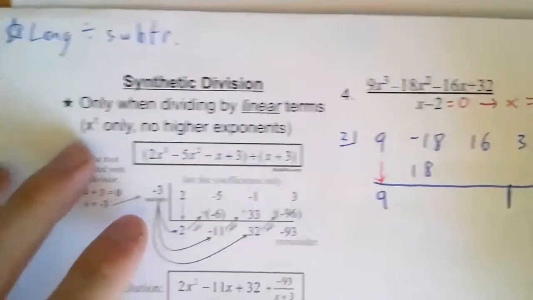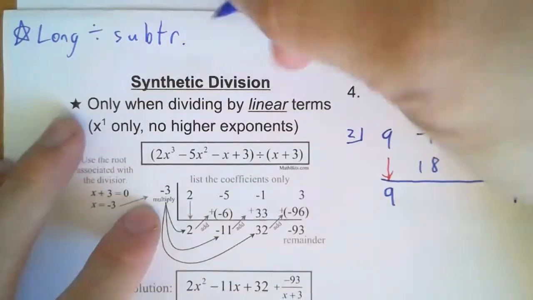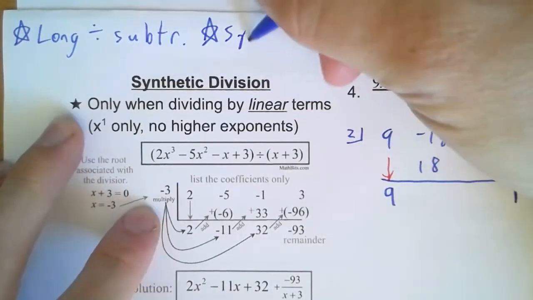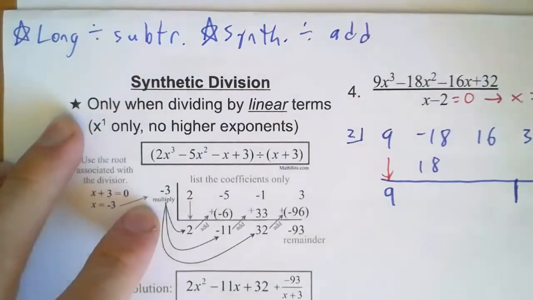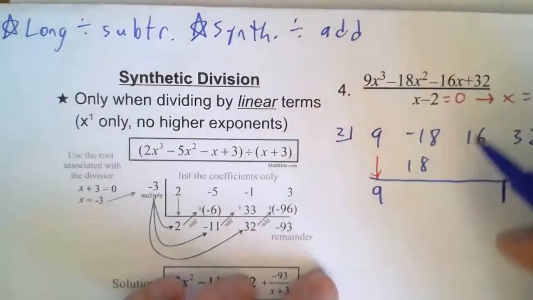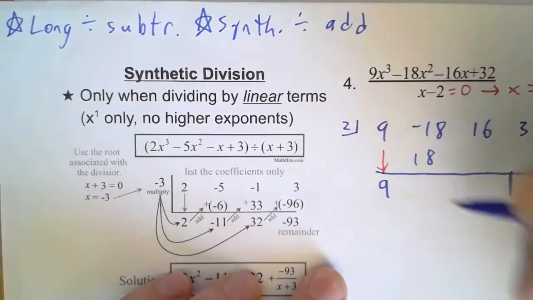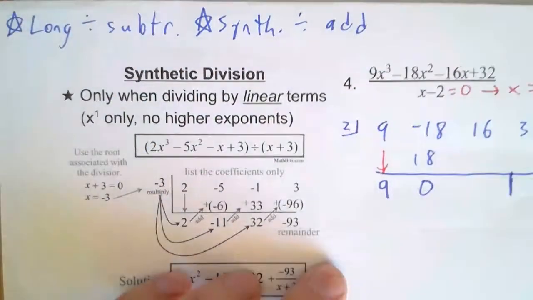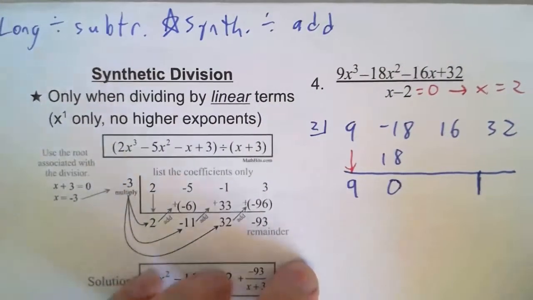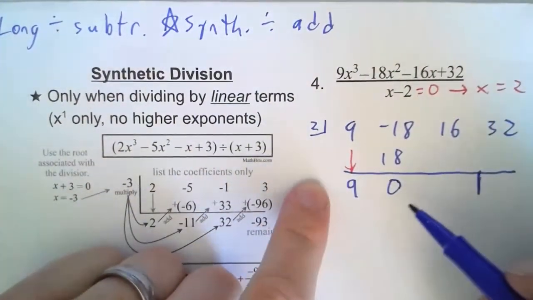Long division, we had to distribute that negative to subtract. When we do synthetic division, you're going to add. So it's going to be -18 plus 18 for zeros. Make sure you keep that straight. Long division, distribute that negative, subtract. Synthetic division, you're adding.